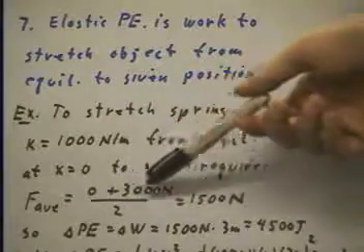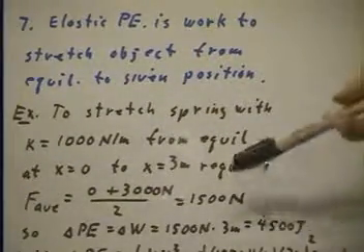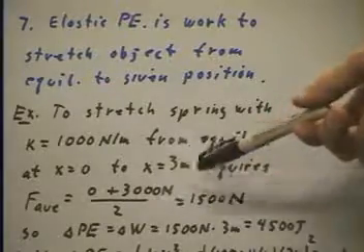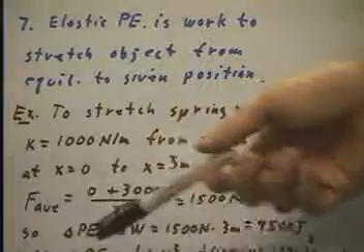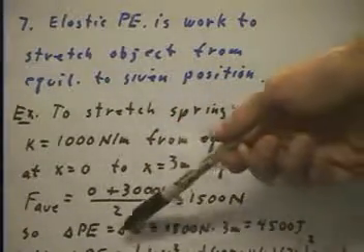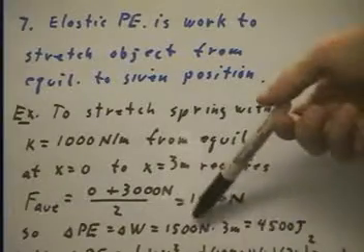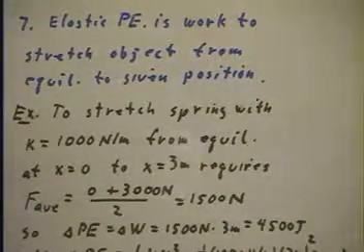So we take the average of the two forces, 0 at equilibrium and 3,000 newtons at the 3 meter point, and we get 1,500 newtons. So our potential energy change is the amount of work done between the 2 points.